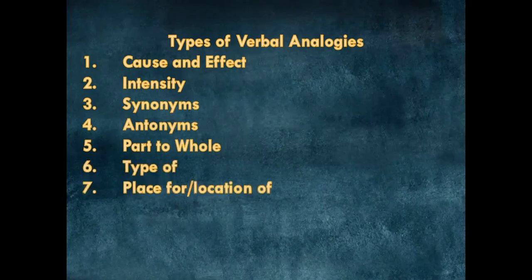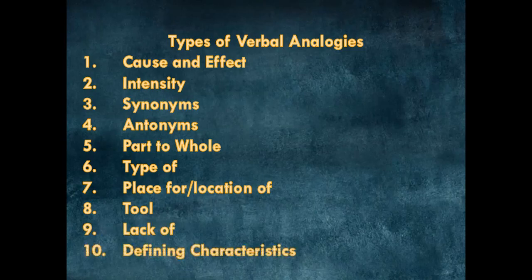Type of, place for or location of. We also have a tool. We also have lack of, and of course, defining characteristics. These are some of the verbal analogies that we need to learn. And this would help us widen our skill in vocabulary.